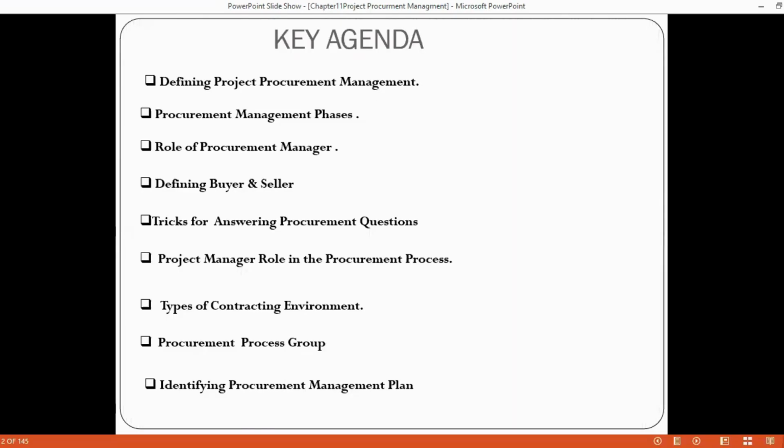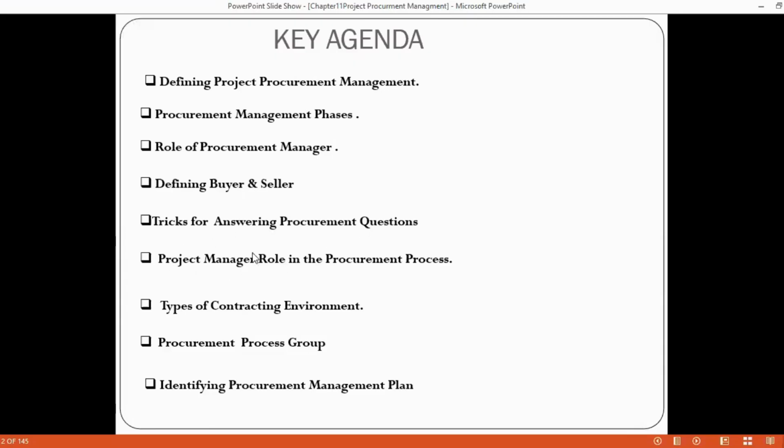So basically what we're going to be looking at throughout this chapter is defining project procurement management as a definition, all the phases that are included in procurement, the role of procurement management, and we will define the difference between buyers and sellers. As well, we're going to give you hints on how to answer the procurement questions.